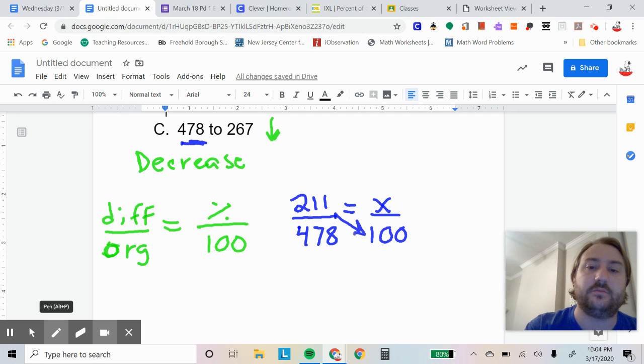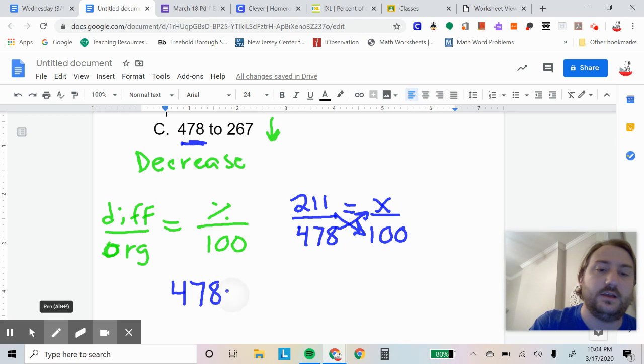Cross multiply. We get 478x is equal to 20,200, excuse me.